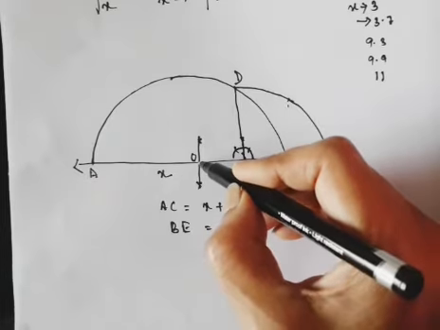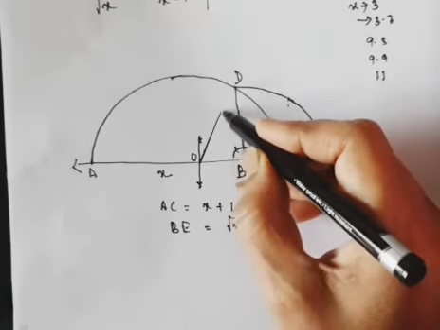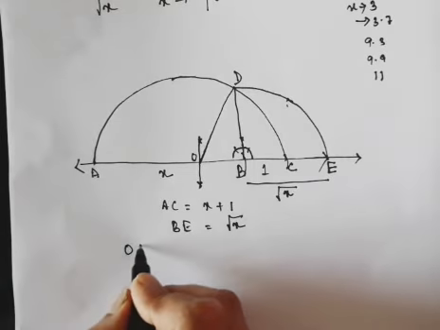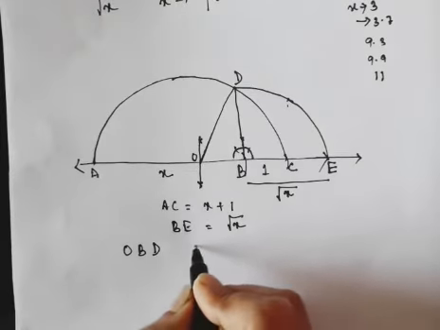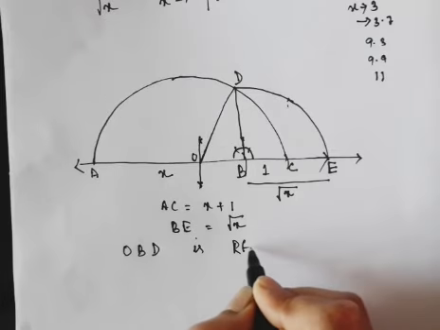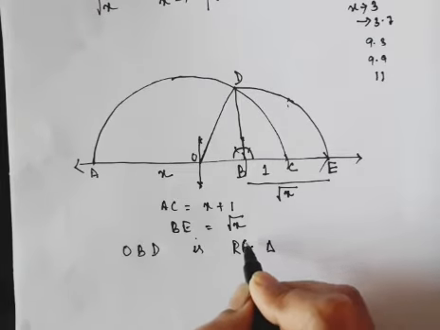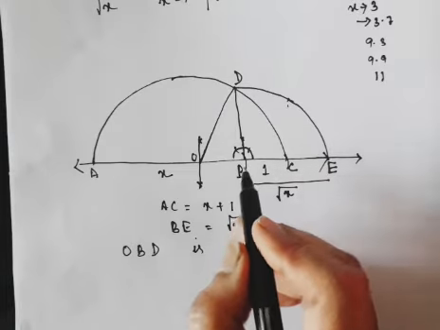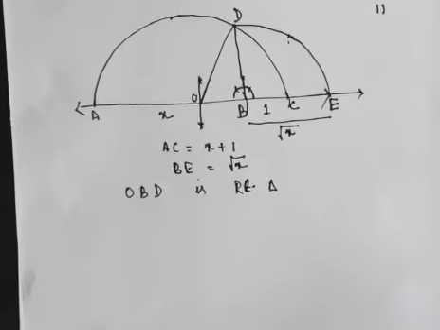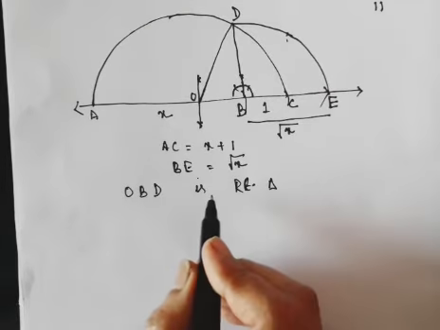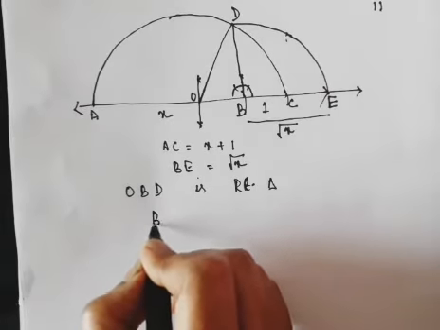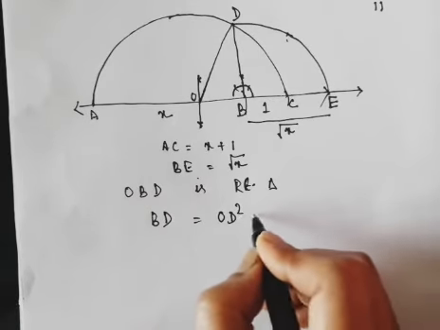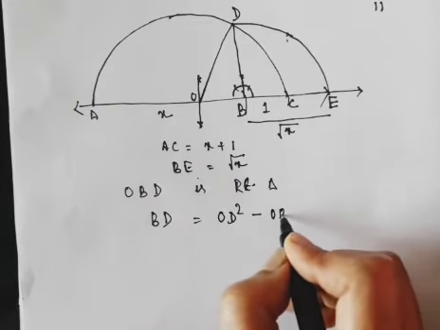For that we need to join O to D. Now OBD is a right triangle. Why? Because angle B is 90, we have constructed it. So in this right triangle, BD is equal to root over of OD square minus OB square.